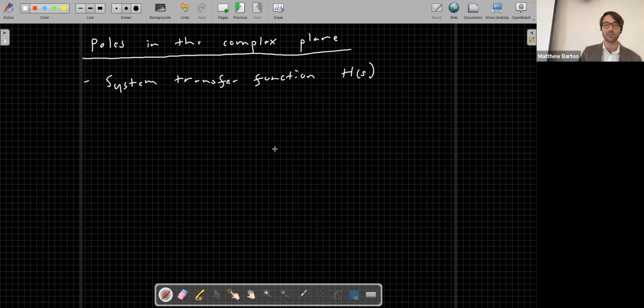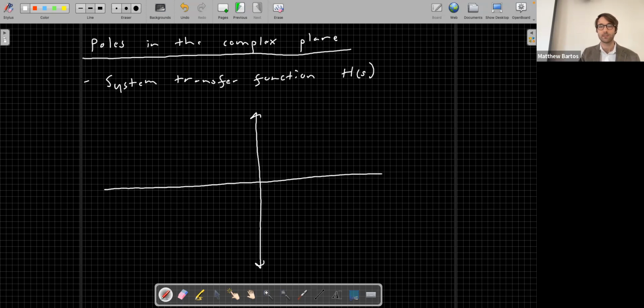So if you visualize it in the 2D plane, like so, you have the real axis, so this is the real part of s, and you have the imaginary axis, which is the y-axis here. So the system transfer function holds important information about the system, which we are going to go over.